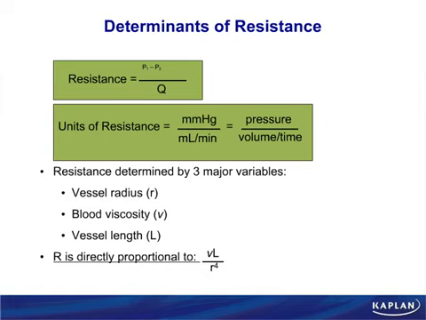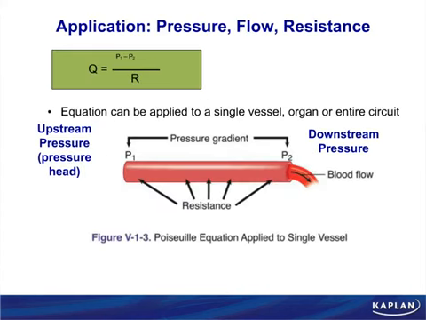Let's talk a little bit about the radius of a blood vessel and how it impacts hemodynamics. Going back to our basic picture, here's a blood vessel with an upstream pressure, P1, and a downstream pressure, P2, and blood flowing through it. Here's what we're going to lock onto. If you get vasoconstriction, radius goes down, so resistance goes up.